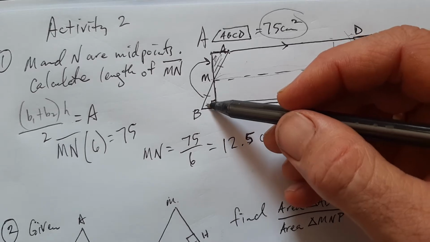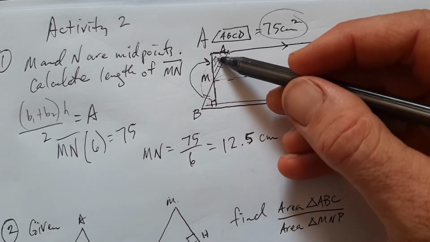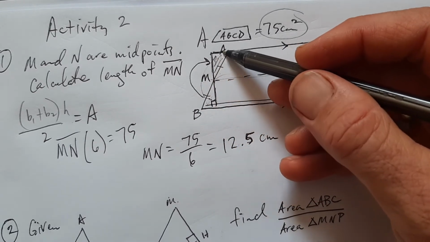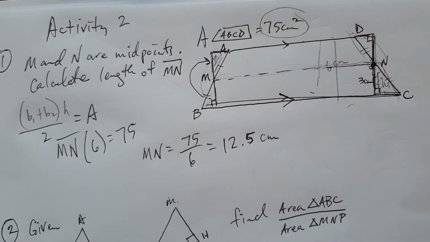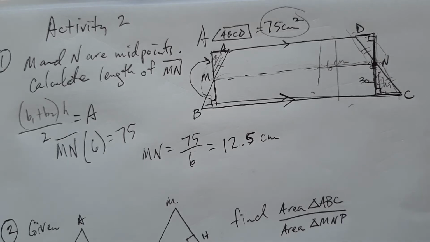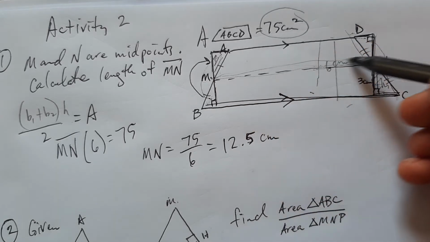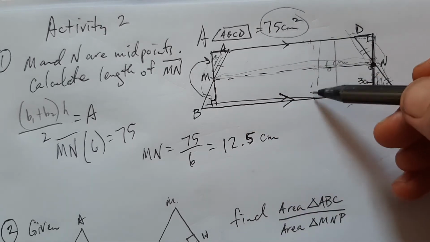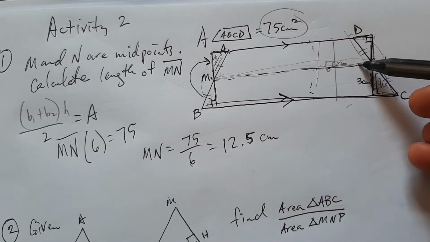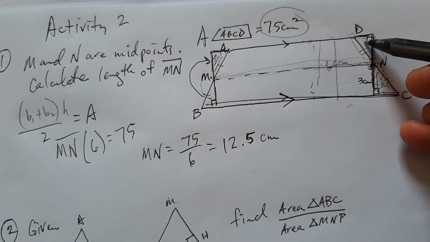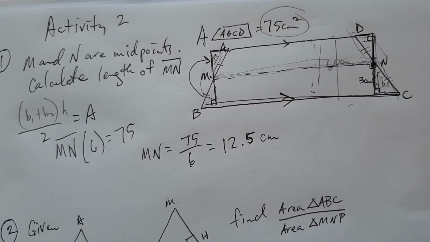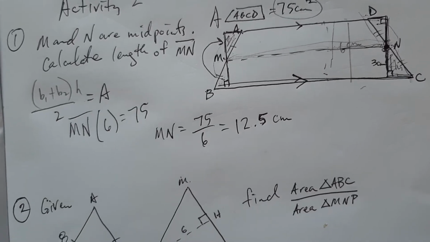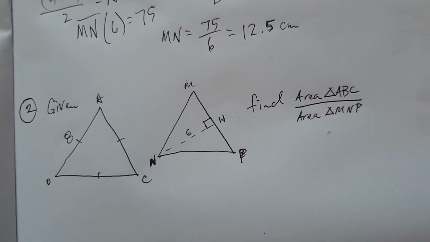If I take this little triangle, swing it around, and stick it up there, then I've got MN times the height giving me the area. So you can take any trapezoid, cut it in half parallel with the parallel sides, flip those triangles over, and you've got a rectangle with the same area as the trapezoid that you cut into pieces.